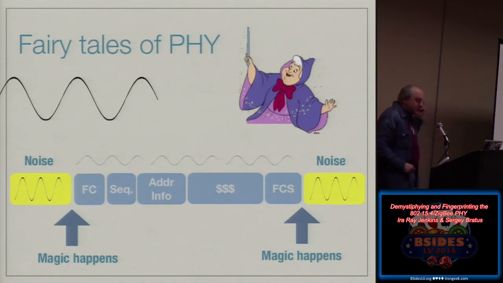Well, it has little automata baked into its silicon that do this magic. Those automata differ between chips. You can fingerprint different chips from different vendors by those responses, by those automata, by their differences.